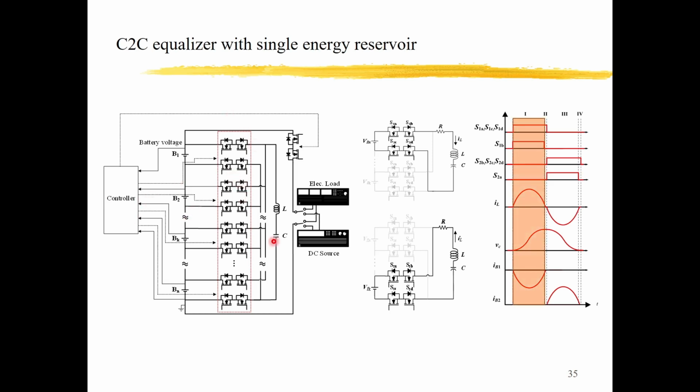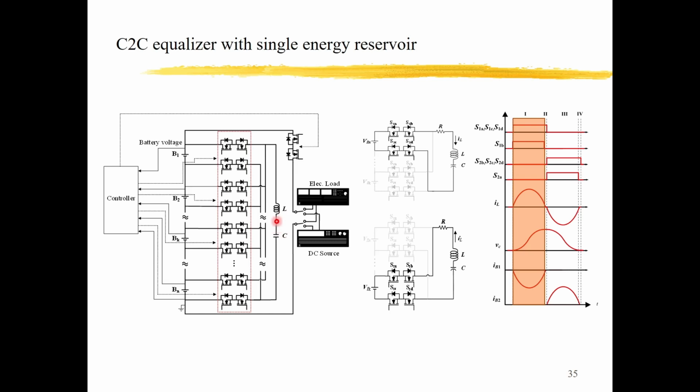Okay, and this is also an application of the selection switches. Again, the batteries can be selected out and attached to one side of the circuit, and the circuit here is only one energy reservoir.